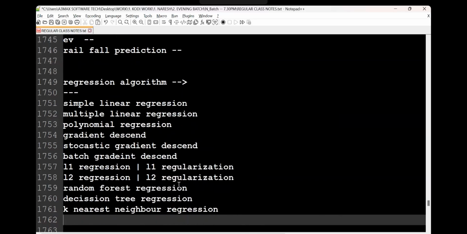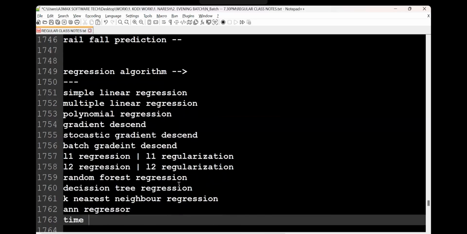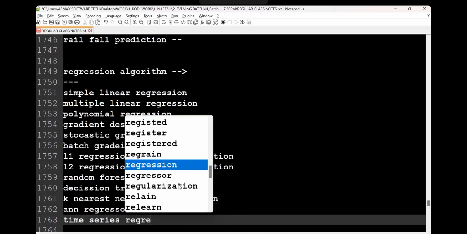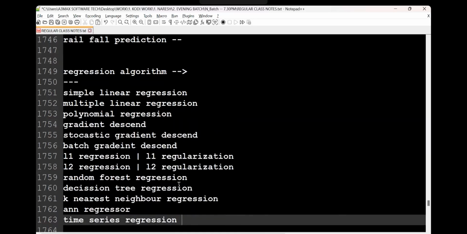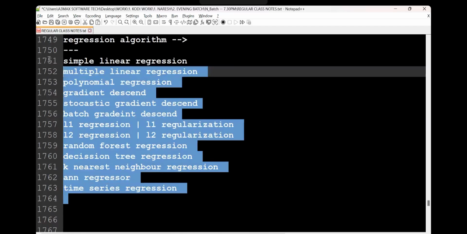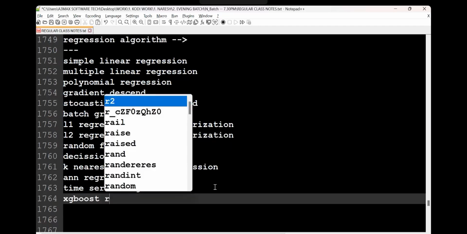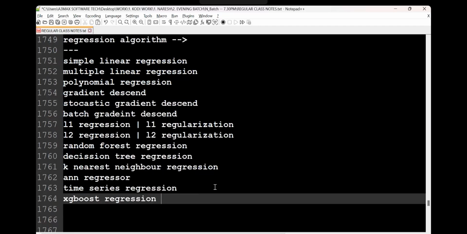Understand, guys? And then we have LGBM, light gradient, artificial neural network regressor. And then we have time series regression. Naive Bayes we don't use for regression, we use it for classification. So do you understand, guys? And then we have XGBoost regression, guys.